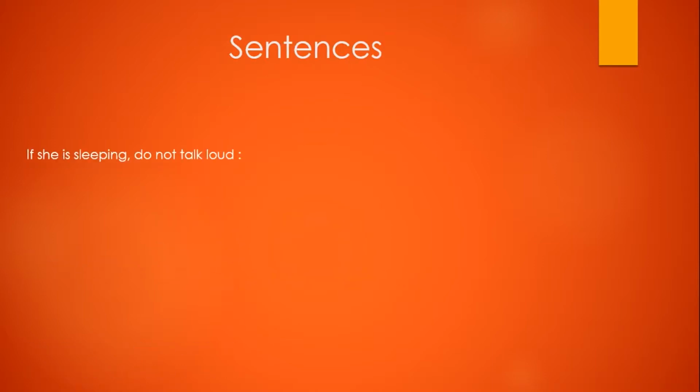Let's look at some examples. First sentence is, if she is sleeping, do not talk loud. So let me go ahead and give you some tools. To say if in Creole, remember that is si. That's the if.